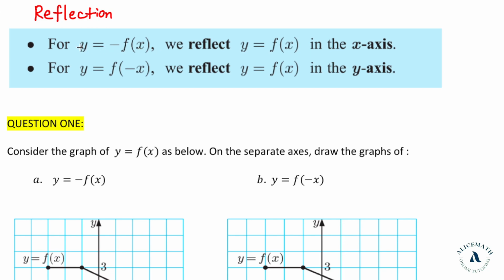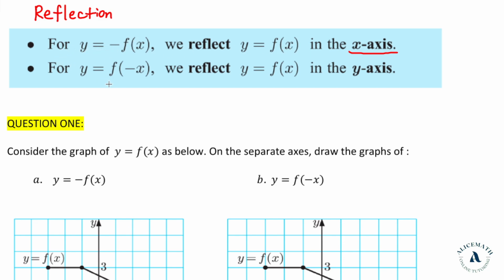For example, for y equals negative f(x), we reflect y equals f(x) in the x-axis. So you see, the previous function is f(x), so we keep x the same, and then we change the sign of y. So here y equals f(x), here y equals negative f(x).